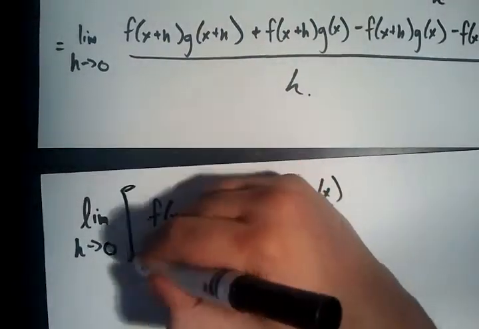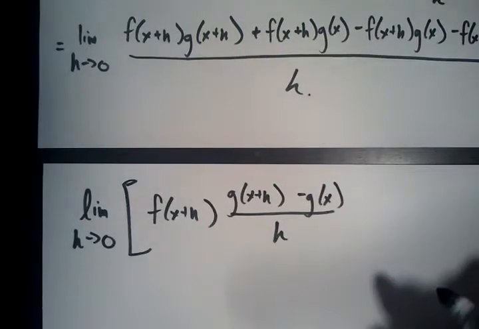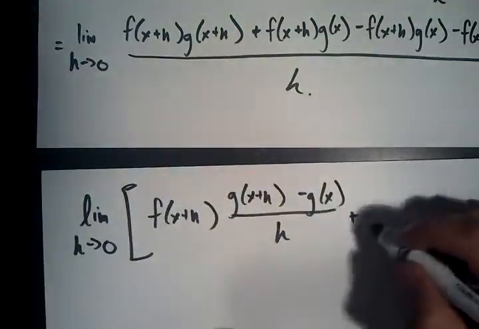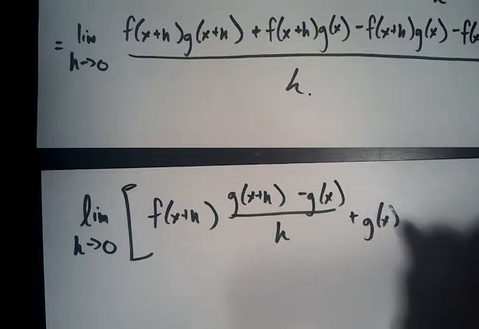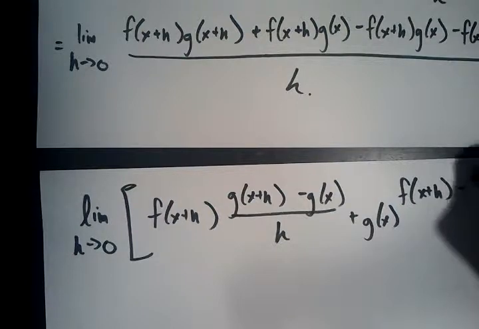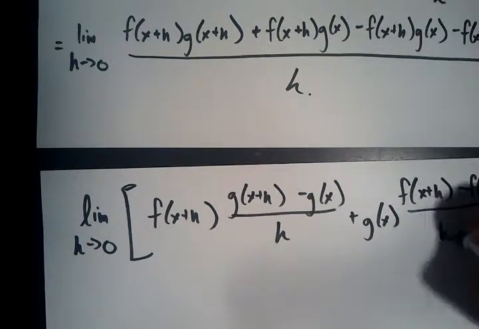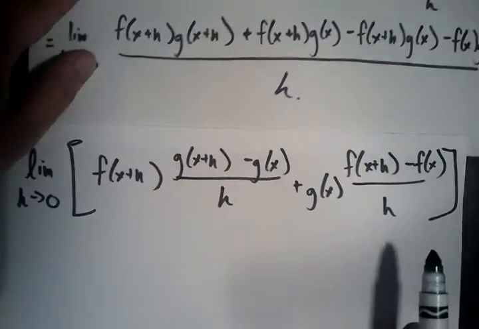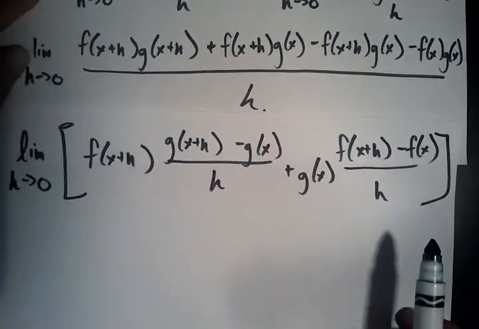Okay, and we're going to put some brackets, and then we're going to have that all plus the other two terms. We're going to factor out the g of x, and after the g of x, we're going to have f of x plus h minus f of x over h. Notice we didn't change anything, we just factored out certain terms. So let's look at them side by side to make sure we're good.